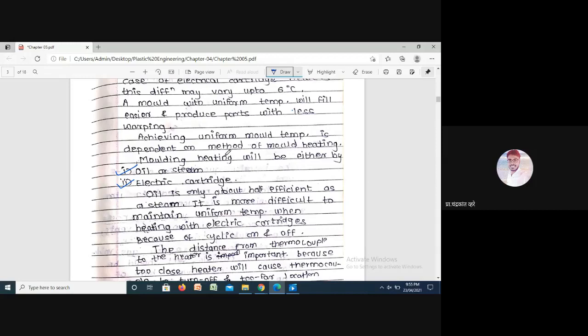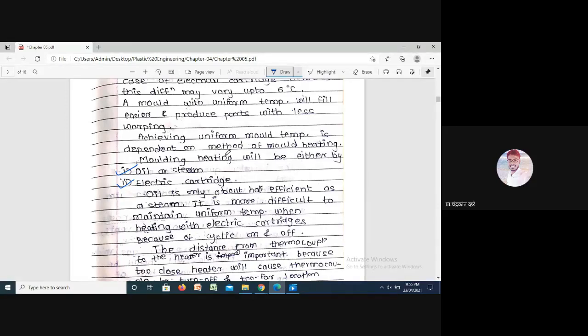Take the example of the oil or steam mold heating process. This heating process gives us more accuracy, and by using it we can maintain the temperature difference within 3 degrees Celsius.